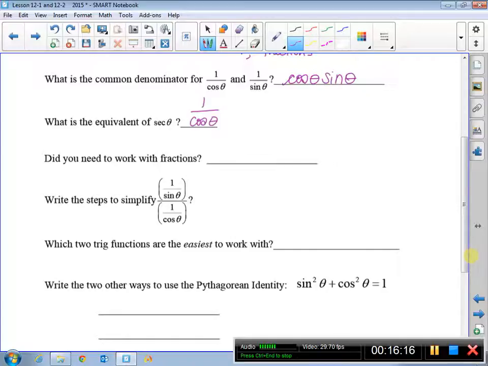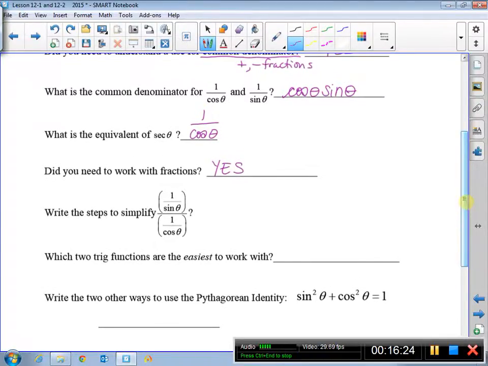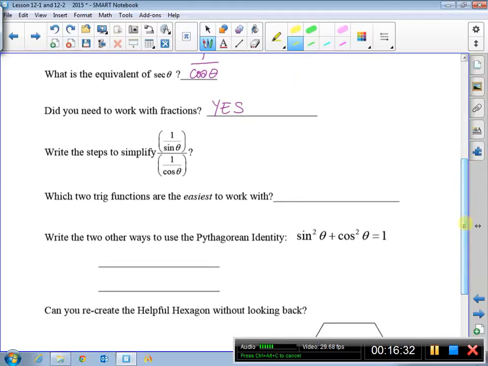Did you need to work with fractions? Yes, we did a little bit at the end there. And the reason I'm asking that is because you have to remember that adding and subtracting fractions has important rules. And not only that, but multiplying and dividing fractions as well. So here's an example where we're dividing fractions.